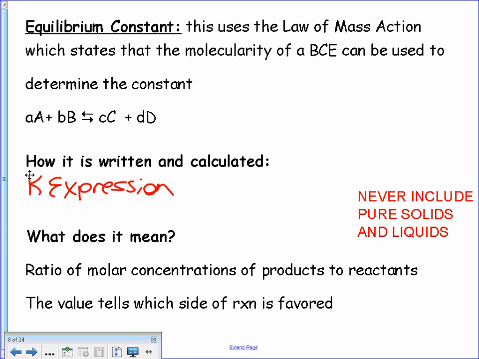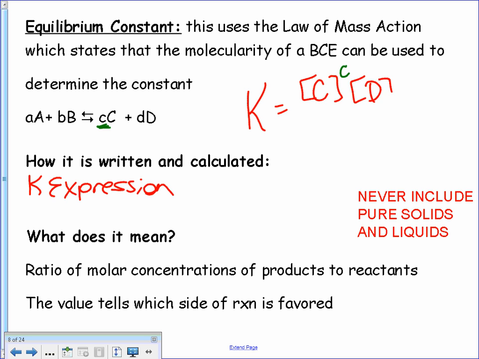We write concentration of products raised to the exponent. So K is equal to concentration of, tell me one of the products. C, and that's capital C, raised to the little c power. So the little c is an exponent here. Then tell me the other product.